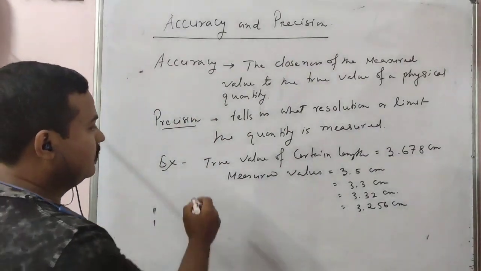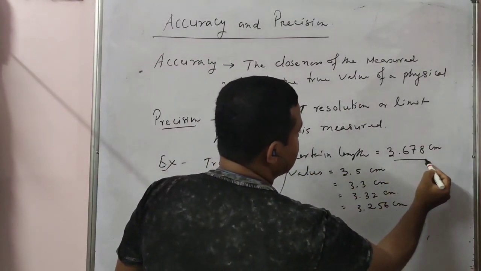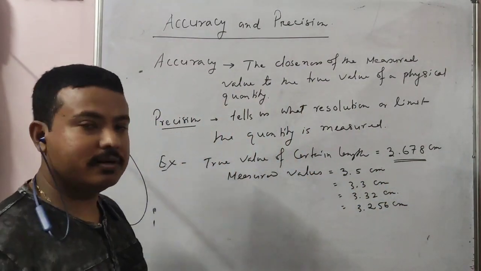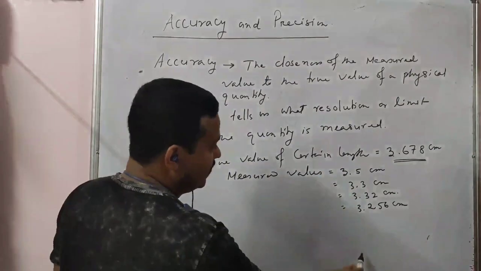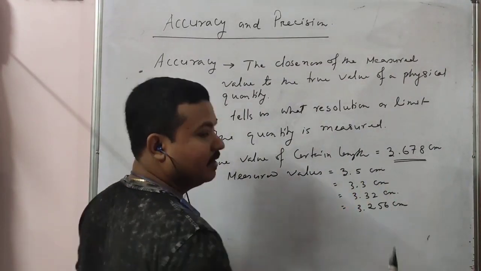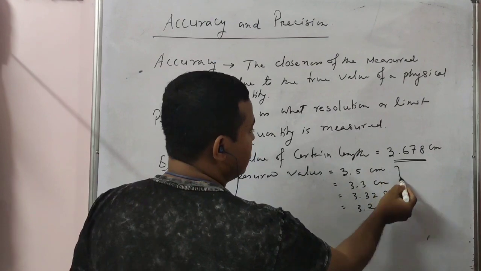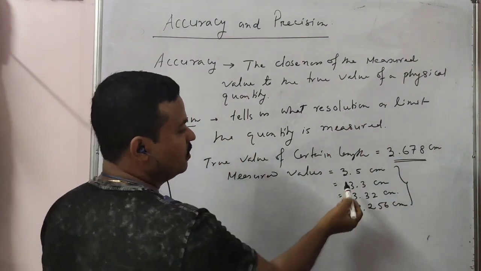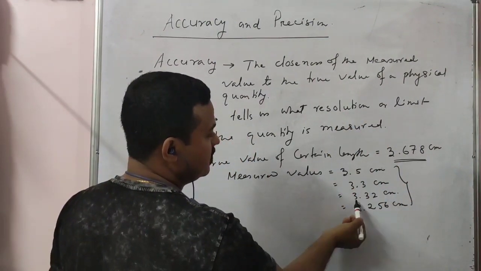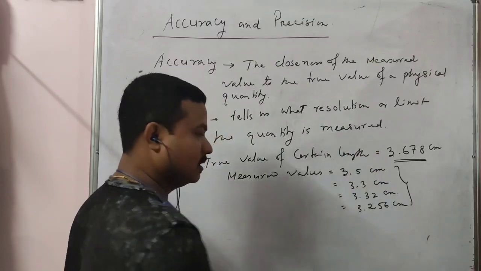Okay, so suppose the true value of a certain length is 3.678 centimeter, and while measuring with a certain device, suppose there are four measured values, 3.5, 3.3, 3.32, 3.256 centimeter.